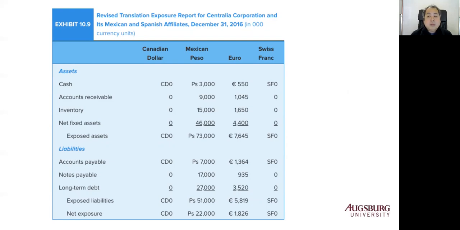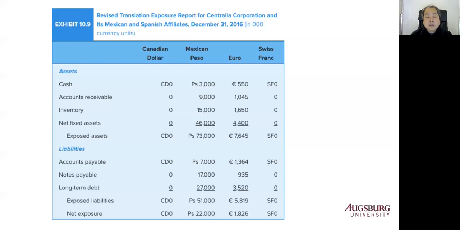And then they can request the payment of the 3 million pesos, and the Spanish affiliate should have enough cash to pay off this Swiss franc debt. If these steps are taken, all transaction exposure for the multinational company Centralia will be eliminated, right? And the translation exposure will also be reduced.